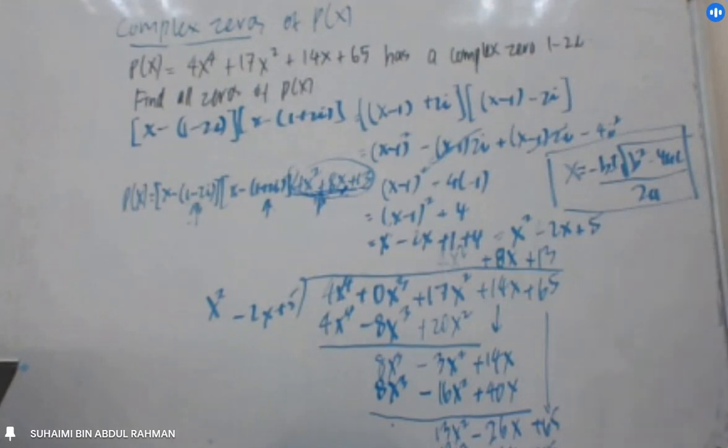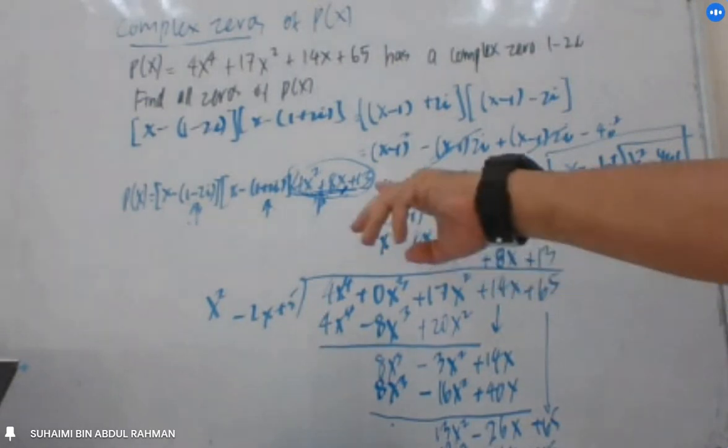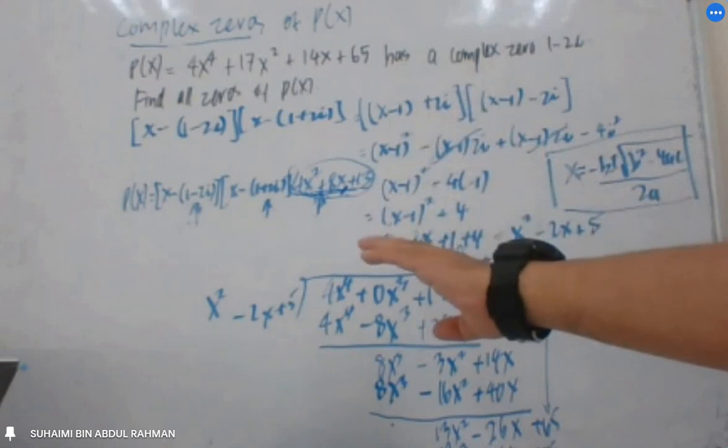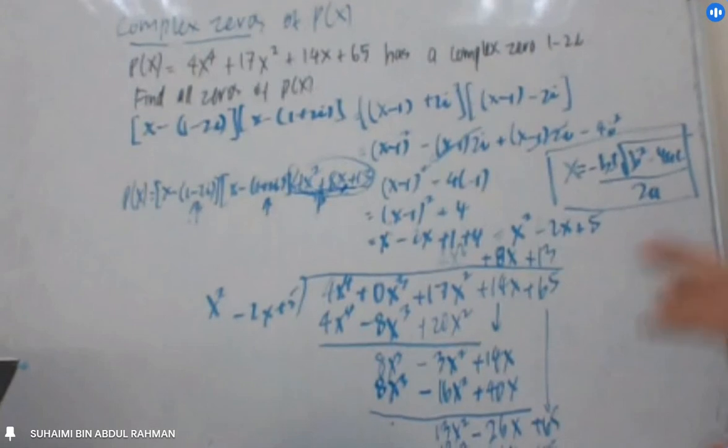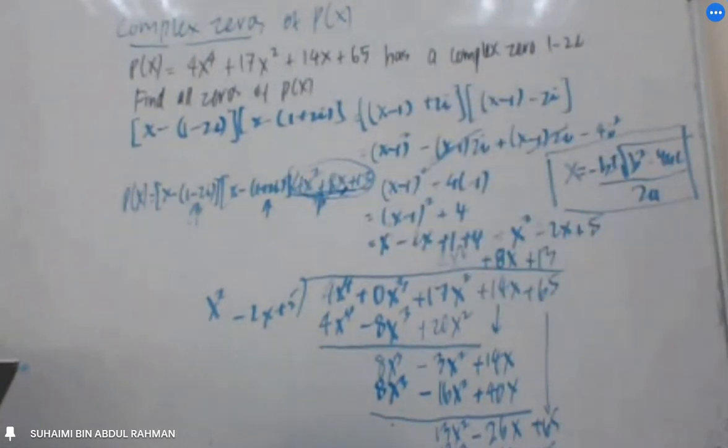This is in your chapter 1 for equations. For the quadratic, 3 ways to solve to get the value of x. And now we want to get the value of x because we want to know all the zeros.